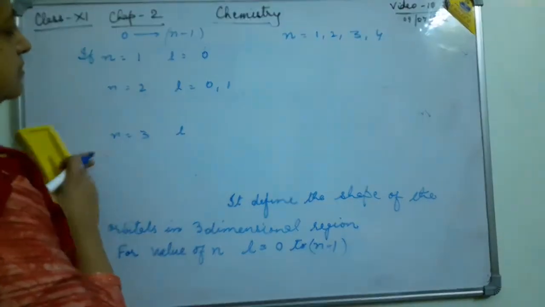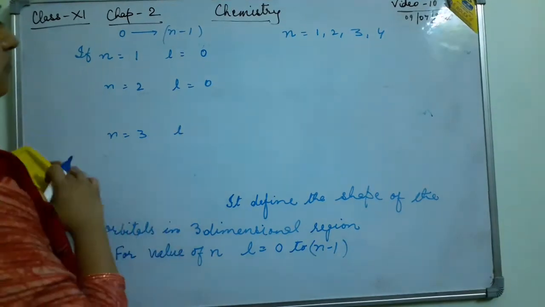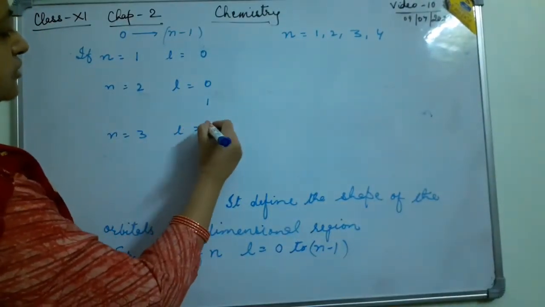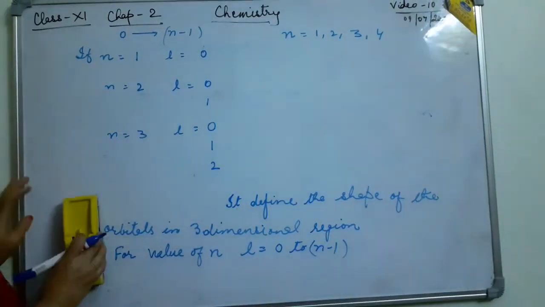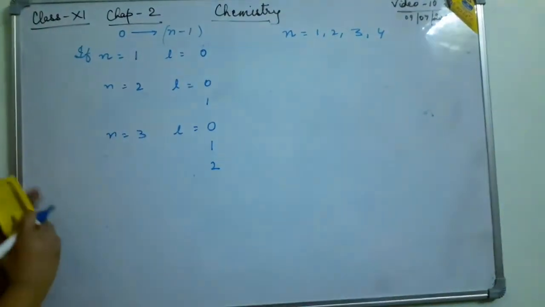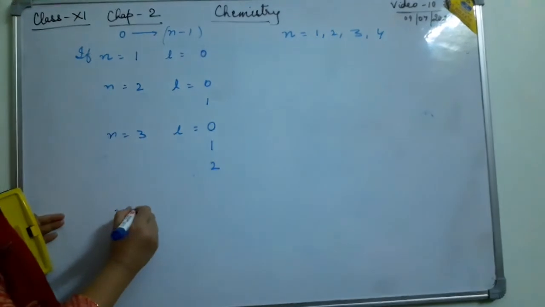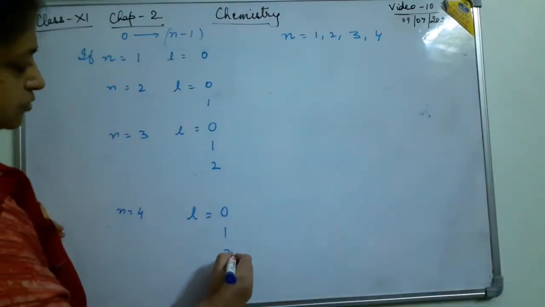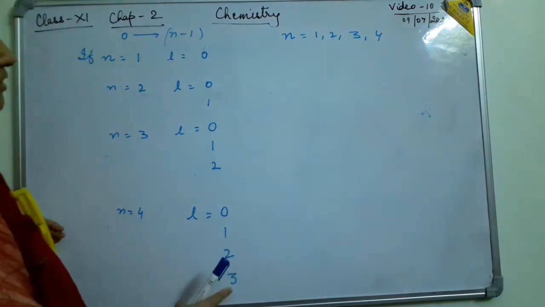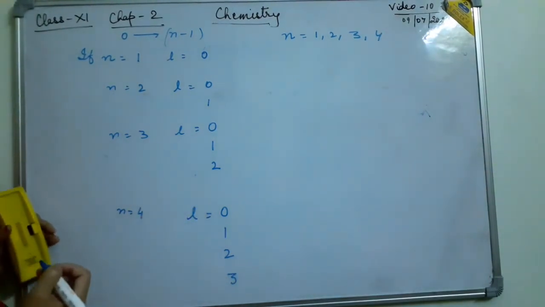For n equal to 3, it ranges from 0, 1, 2. And if n equal to 4, then L equal to 0, 1, 2, 3, up to n minus 1.